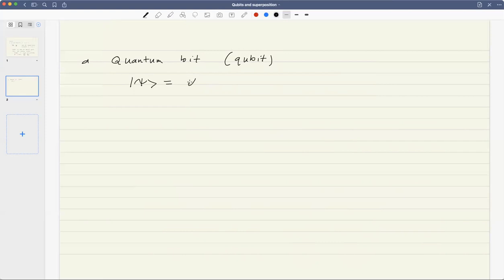So I have some complex number alpha times something that's 0 plus another complex number beta times this one. So that's a general quantum state.